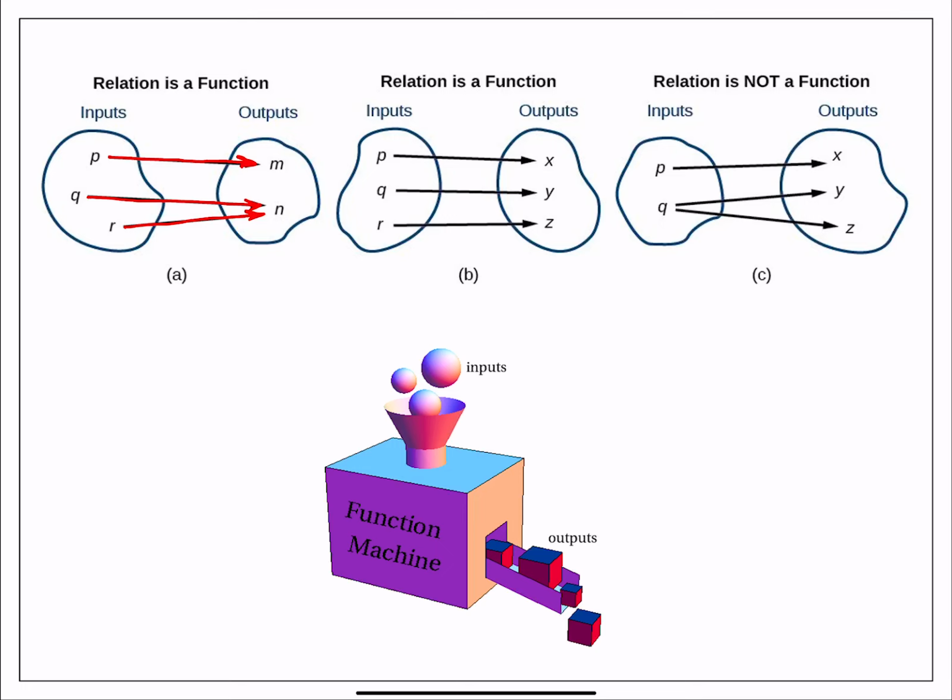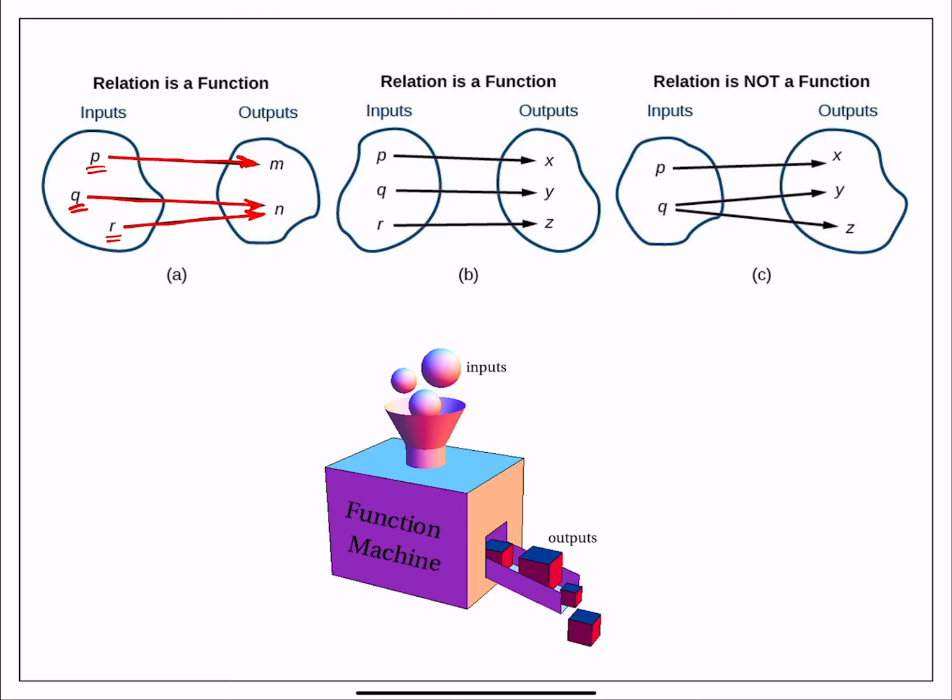And we can see that this is a function because each of these inputs only goes to one output. The P has one output it goes to, the Q has one output it goes to, and the R has one output that it goes to.